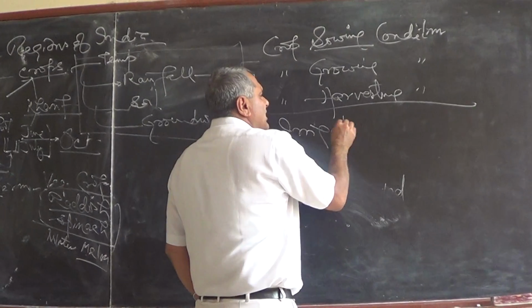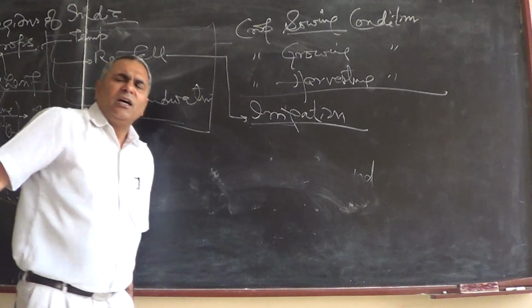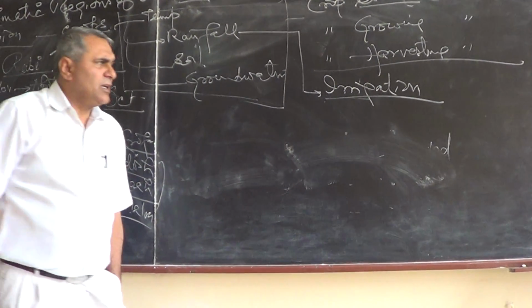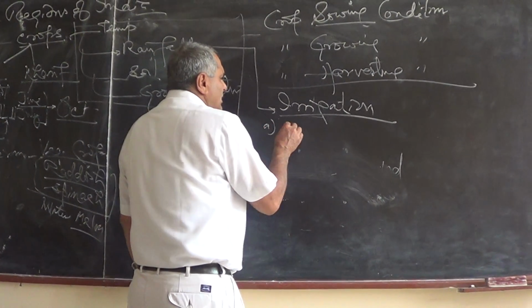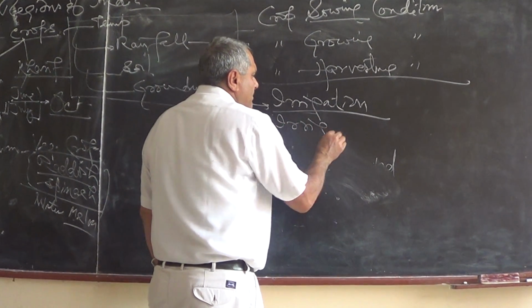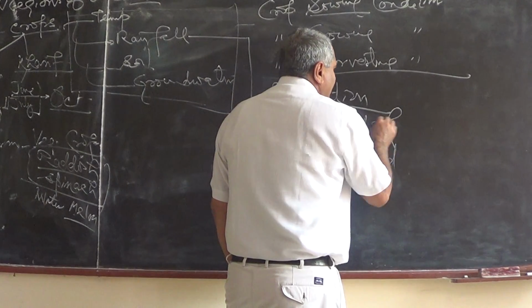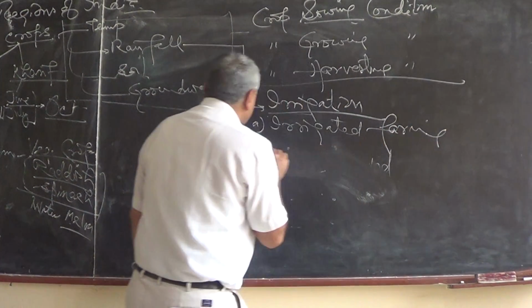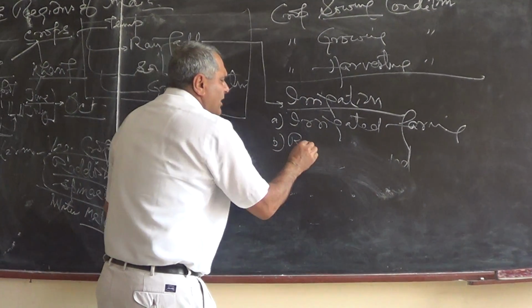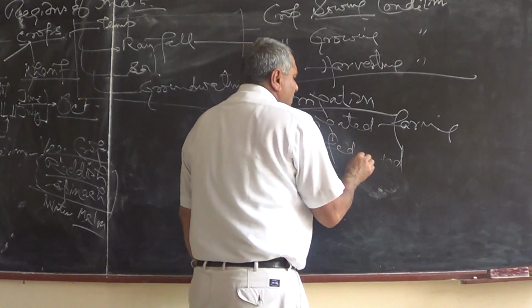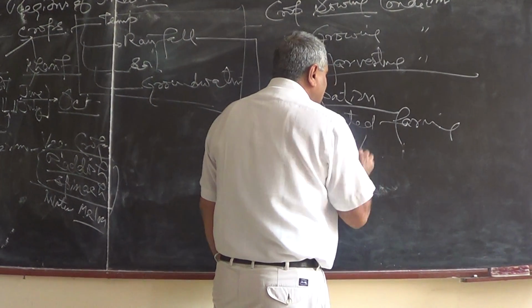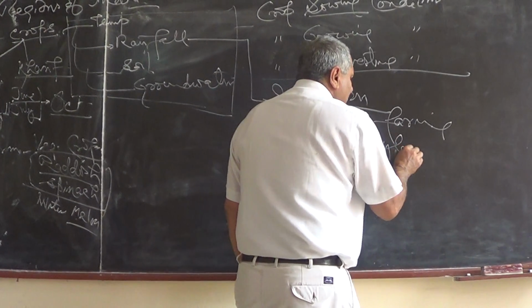On the basis of irrigation also we divide Indian agriculture, like we say irrigated farming. Then rain-fed farming. Rain-fed is also known as dry-land farming.